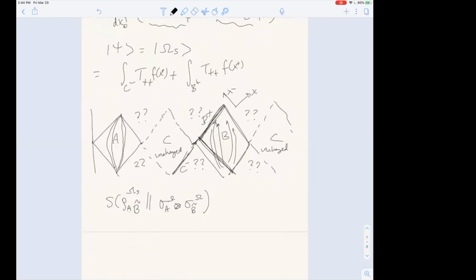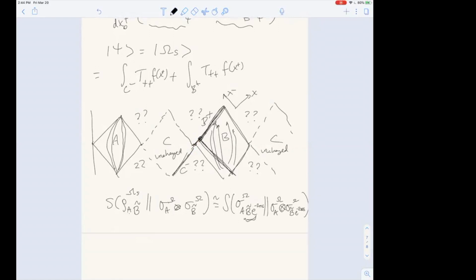And what I can argue is that in these states, at least when this point here is very close to this corner, these relative entropies in the omega S state are approximately equal to S(sigma_{A B tilde}^omega e^{-2 pi s} || sigma_A^omega tensor sigma_{B tilde}^omega e^{-2 pi s}), where what I mean is that I just take the x plus coordinate and shift it and multiply it by an overall factor of e to the minus 2 pi s. So remember, s is how much modular flow you've done.